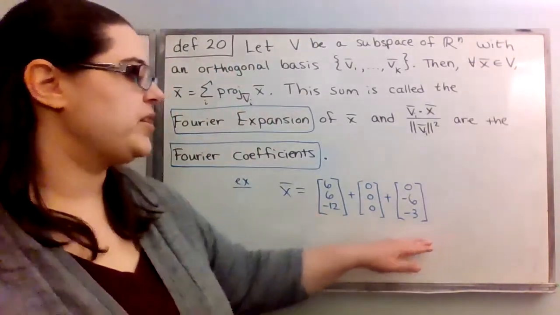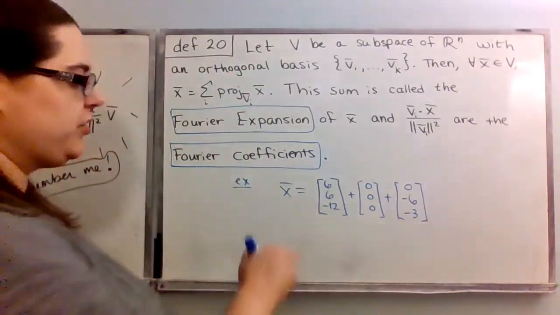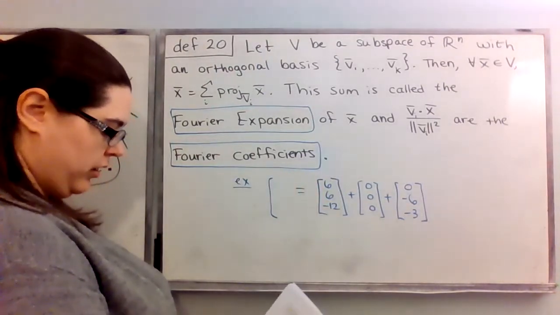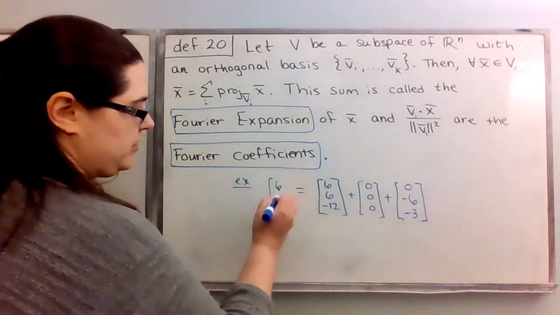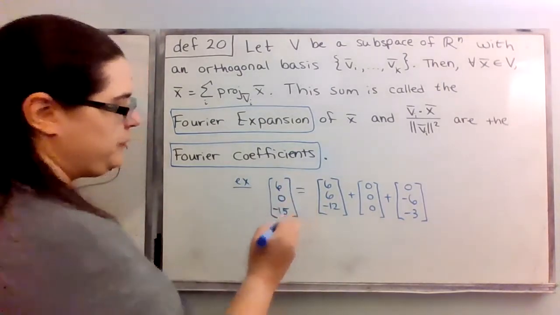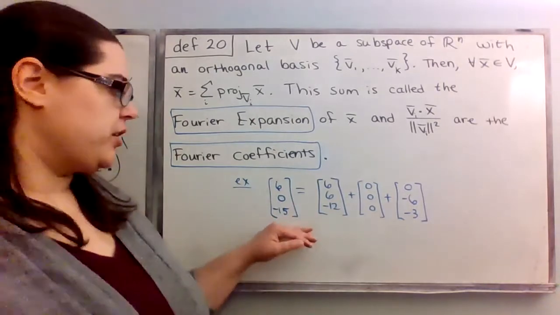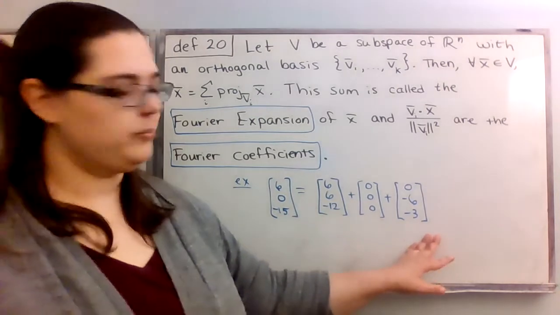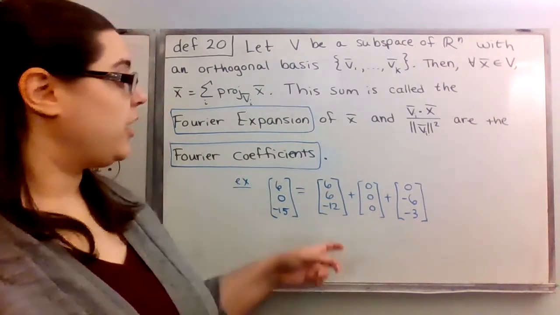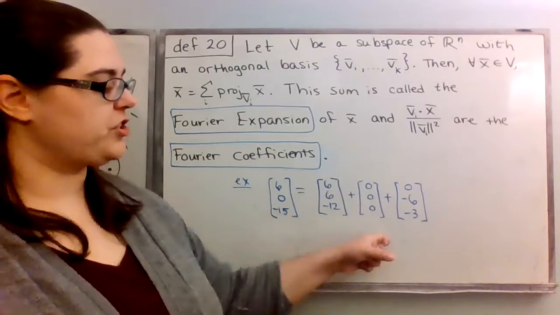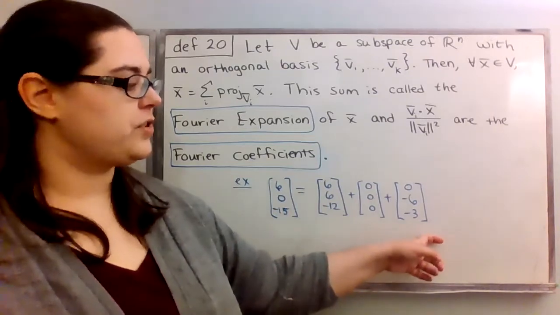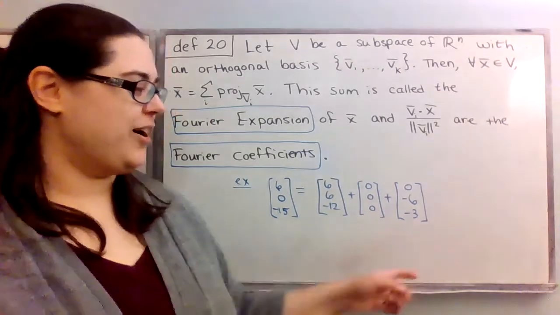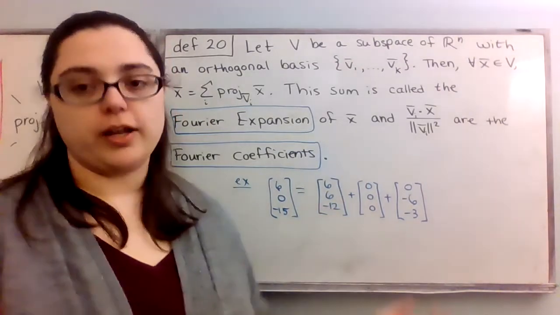So this sum is the Fourier expansion of that vector x, which was, what was it? 6, 0, -15. So the Fourier expansion of 6, 0, -15 is this plus that. And the Fourier coefficients: the coefficient of u was 6, the coefficient of v was 0, and the coefficient of w was -15. No, -3. Sorry. So those values would be our Fourier coefficients.